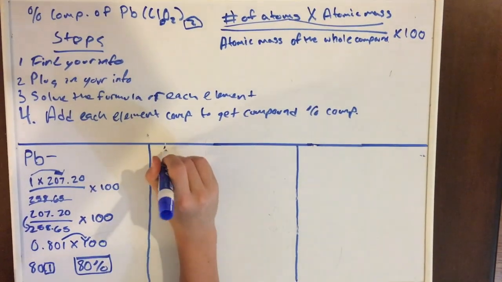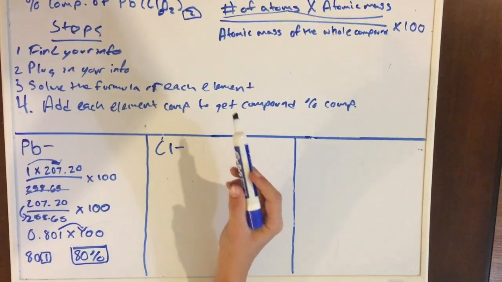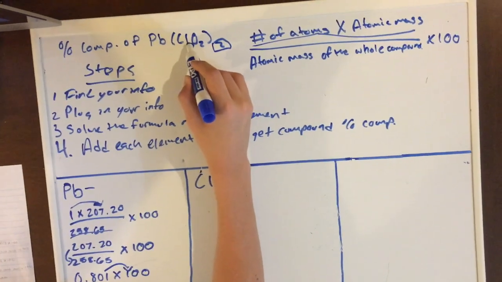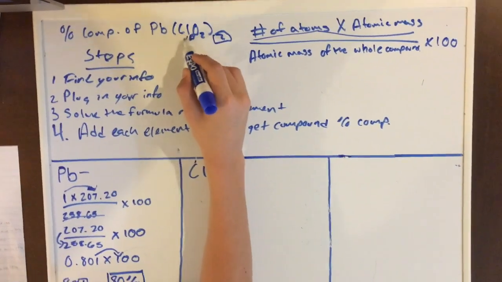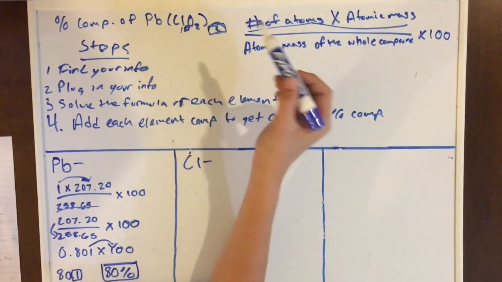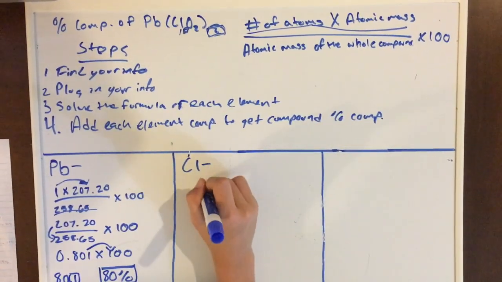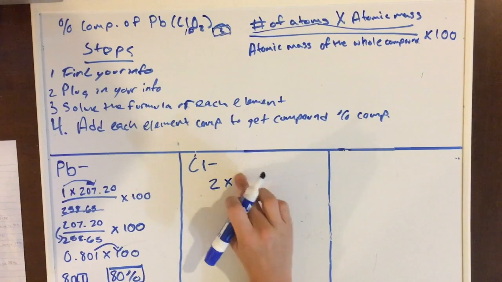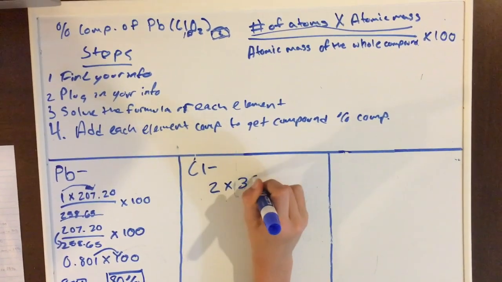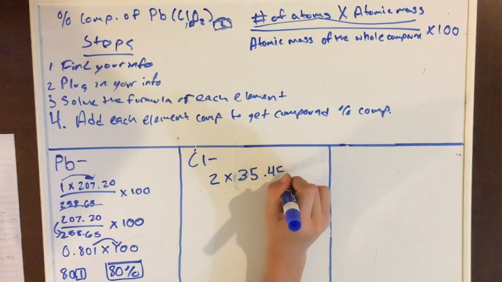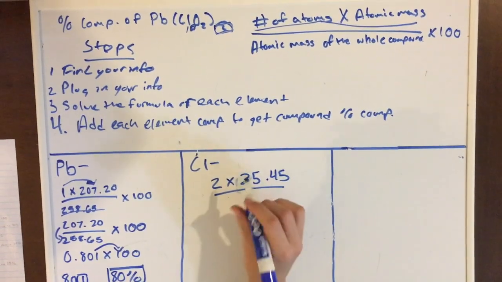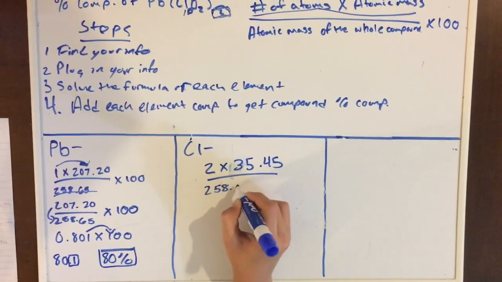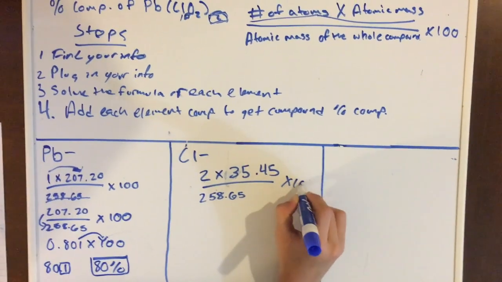So for the next element, we need to find chlorine. So what we need to do is find the number of atoms, which how you're going to do that is look right here, and there's not really a number here, so you'll just count that as 1. You'll have to multiply this 2 on the outside. So it would just be number of atoms is 2 times the atomic mass, which is 35.45 all over the atomic mass of the whole compound, which is 258.65 multiplied by 100.